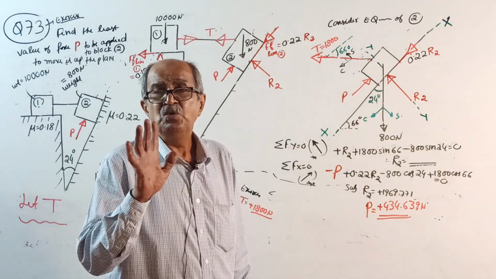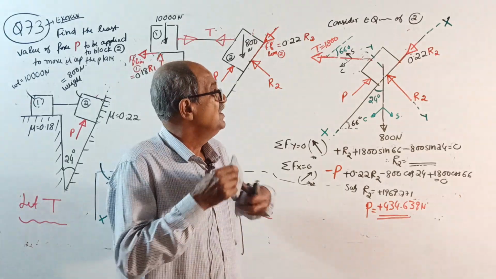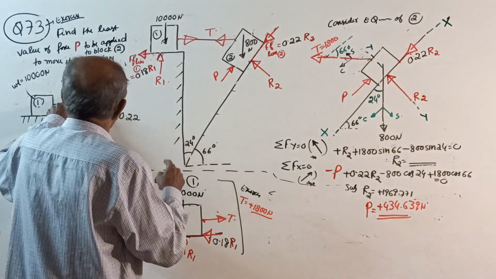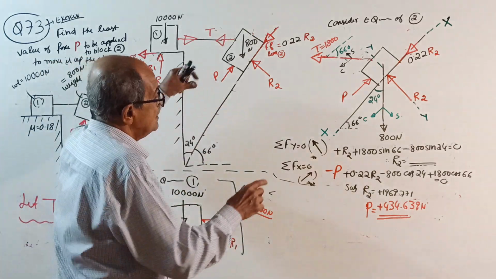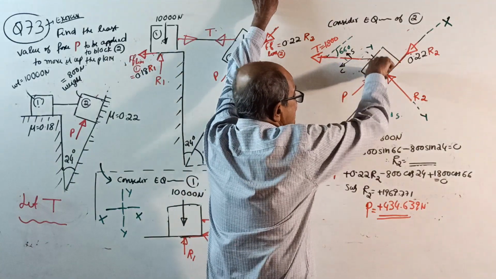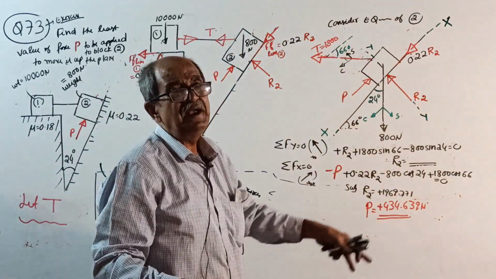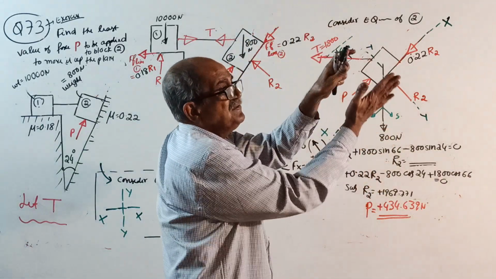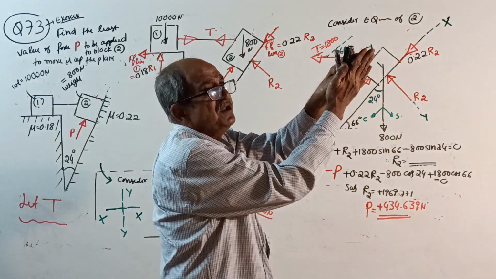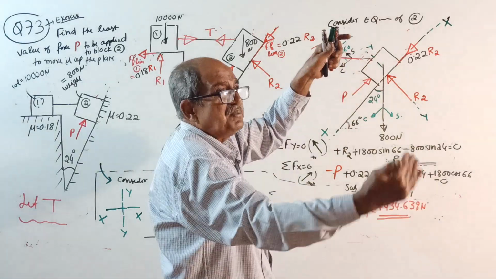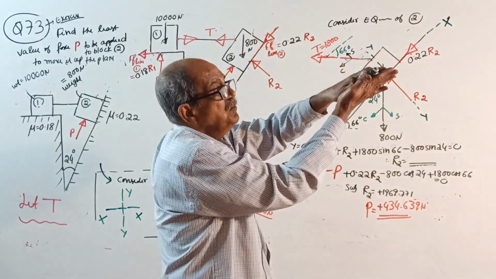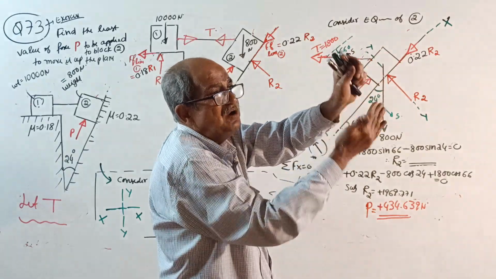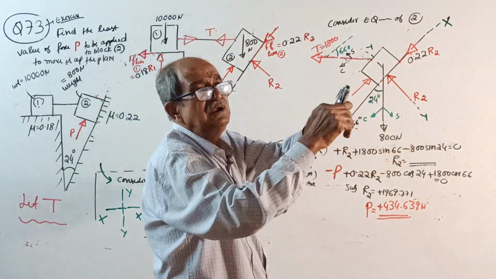And I will tell you what is not a mistake. I forgot to change the weight here. See, I will tell you why it happened. If this question is given to you and R2 comes negative, what to do? When you place something here, the surface cannot give a negative reaction. It has to press it. You press it down, it will give up. You lift it, it will leave contact.